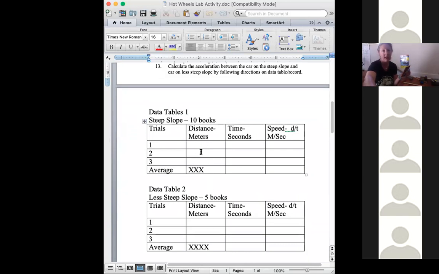So 1, 1, 1, 1, right? And what we're going to be getting our time for right now is going to go in this data table under time.